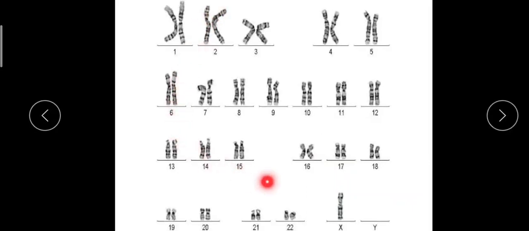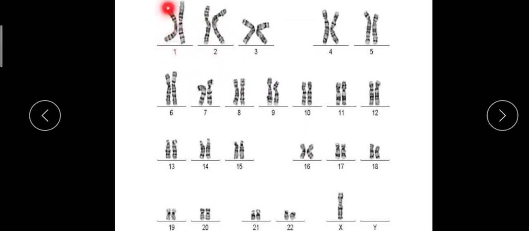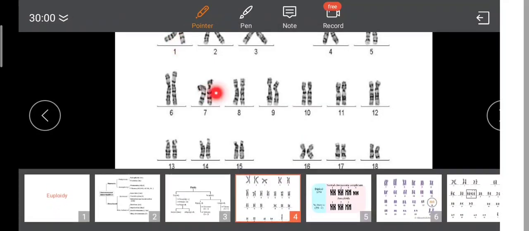So see here, this is a karyotype of a human cell, and here you can see, as you all know, we have 23 pairs of chromosomes, of which 22 are autosomes. So you can see here, one chromosome, two chromosomes. Chromosome number 1 we have 2, chromosome number 2 we have 2, and one of these chromosomes is from maternal origin, one from paternal origin.